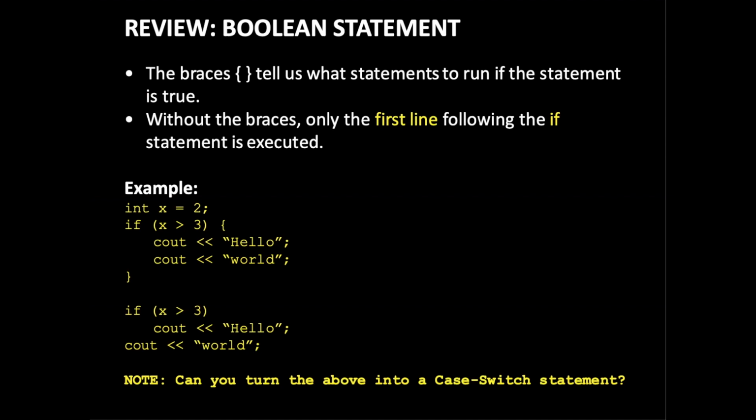So if you look at the examples we have here, when you have multiple statements like this inside the scoping operator, then both hello and world will be executed, will be printed. However, if you have your statement immediately beneath the conditional without the curly braces, then only this one gets executed. And this will be executed only if x is greater than 3. Otherwise, cout world will always be there.